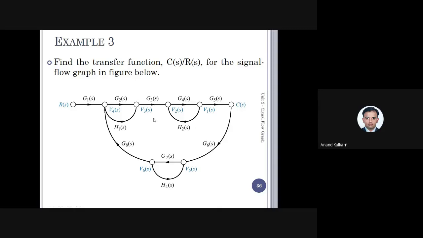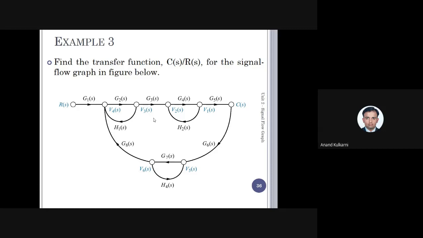Now, once everybody is done with the problem, we'll find the first path, that is the forward path. There is one forward path as of now: R of S to C of S, a very straight line, that is G1, G2, G3, G4, G5. If you want, you can skip that S; even if you do not write G1 of S, it is okay.